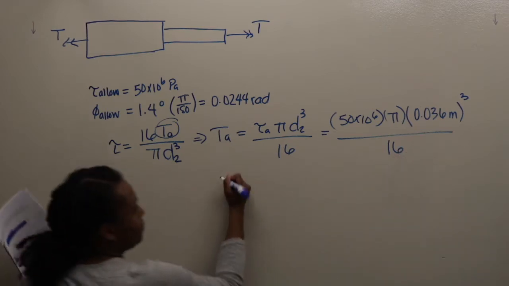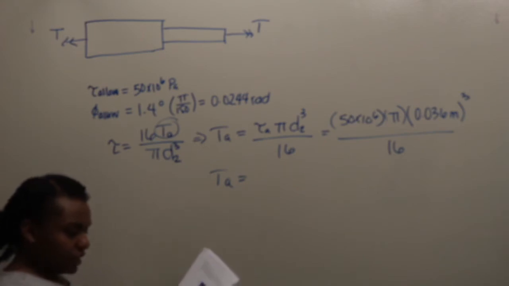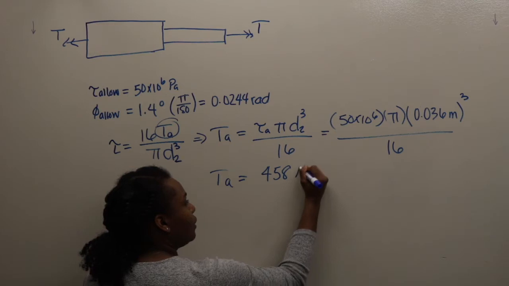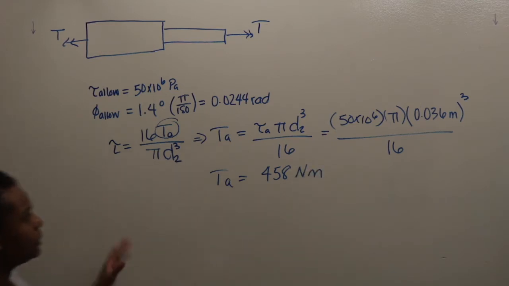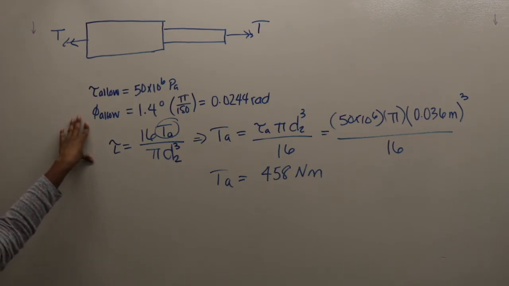When you calculate that, the torque allowable based off of the shear stress will be around 458 newton meters. So now we have to find the allowable torque based off of the angle of rotation.